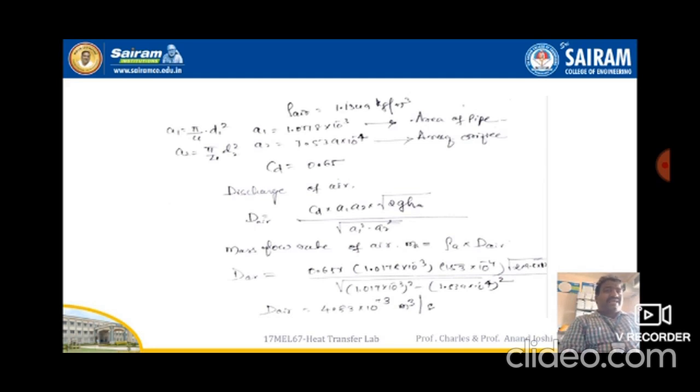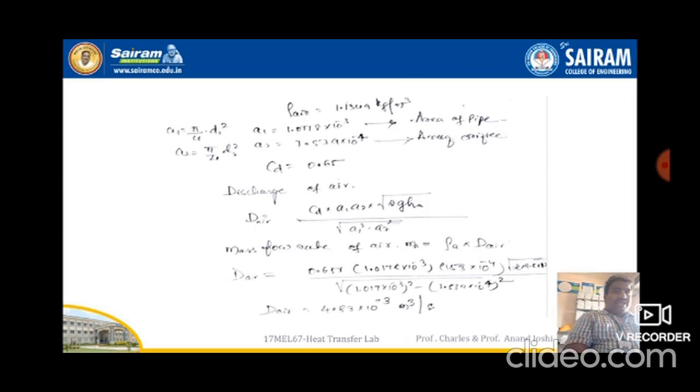The second area, A2, the area of the orifice, is pi by 4 d2 square, that is 7.539 into 10 power of minus 4 meter square. The coefficient of discharge, CD, is given in the specification as 0.65. Now you substitute these values in the equation and you will get 4.83 into 10 to the power of minus 3 meter cube per second.